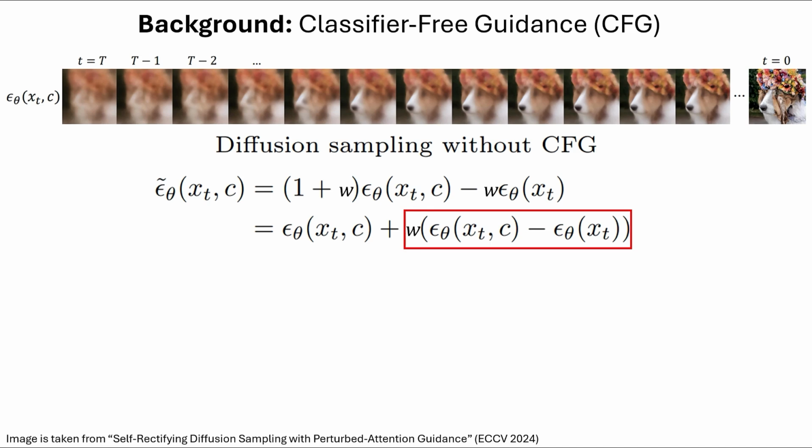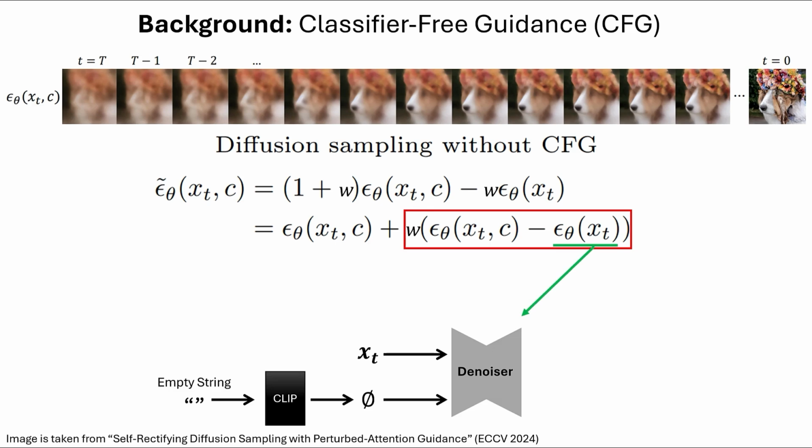And when I say it doesn't see the text condition, I mean use the same model but receiving an empty string as the text prompt. And also note that this is happening only at inference time, and during training we have a dropout mechanism where sometimes the model sees the text condition, sometimes it doesn't, but that's not really important in this video. What we really care about here to understand how this CFG works is the difference inside this equation that we can denote by delta t.